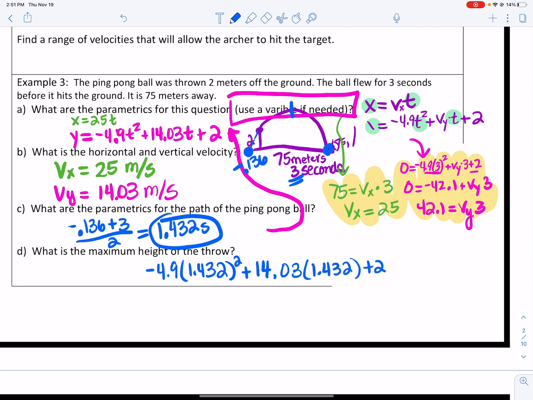So I plug that into my y equation: negative 4.9 times this number squared plus 14.03 times that number plus 2. I do all of this, and I hit enter, and my highest is 12.04 meters, because I'm in meters, and that's how high this ping pong ball goes.